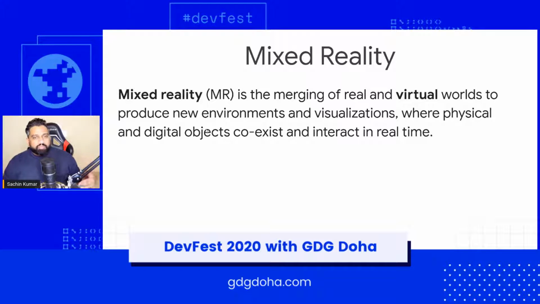With mixed reality, you can have a video or any kind of visualization or graph directly available right in the real world environment. So it's like merging both the physical, real world and the virtual world together to have a seamless experience for the user. That's basically what mixed reality is.